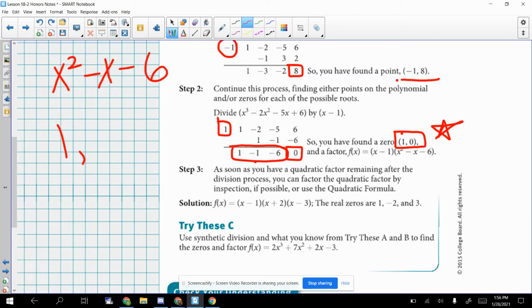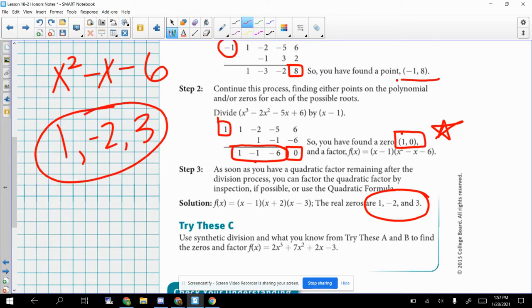So they factored that and got negative 2 and 3 as the other zeros. This could be a tedious task, especially if you do not find your 0 within the first 2 tries, but you're eventually going to find 3 out of the 8 possible rational roots that are the real roots, or real zeros.